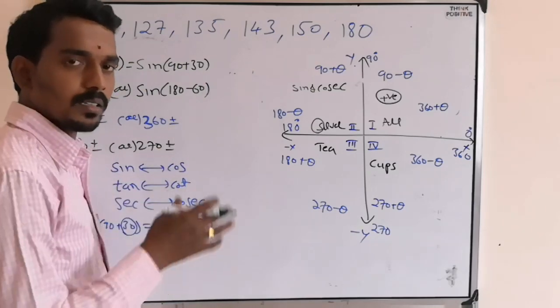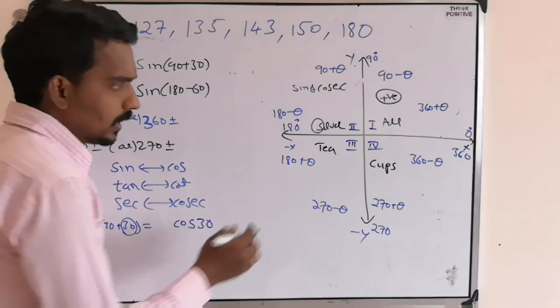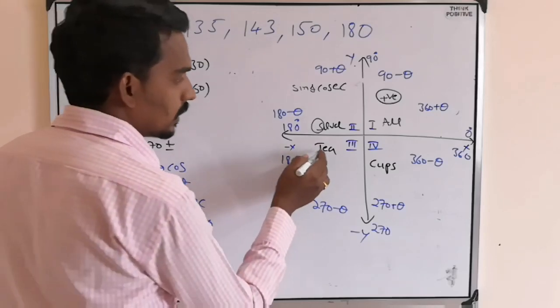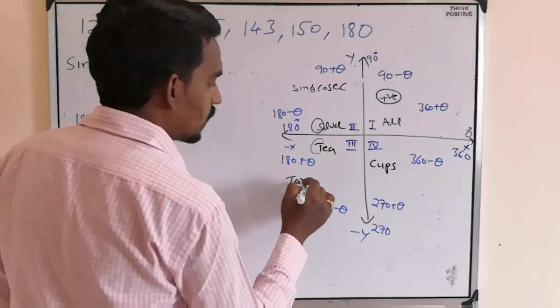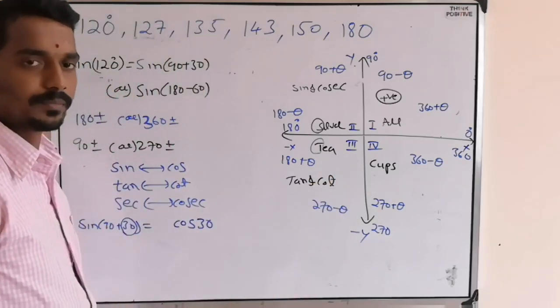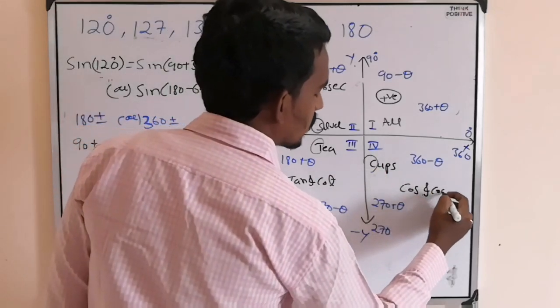The remaining, cos, cot, tan, secant, are all negative. When it is 180 plus or 270 minus, then T. T means tan and cot are positive. The remaining are all negative. Then here comes C: cos, and its reciprocal, secant.